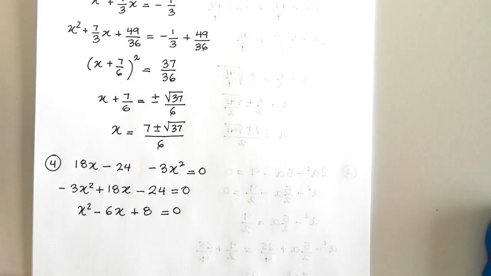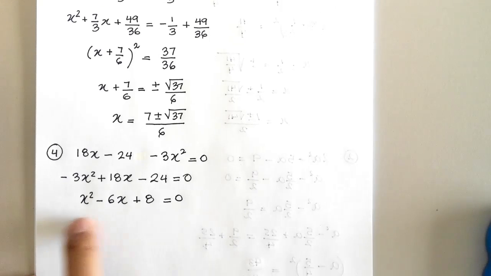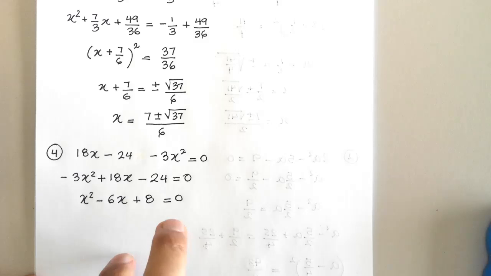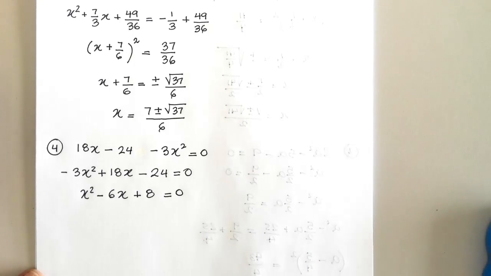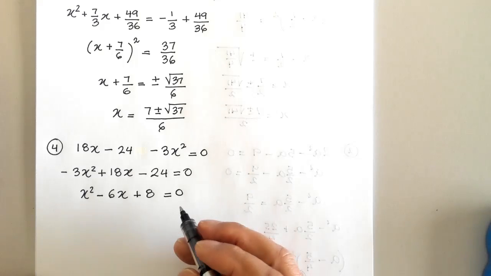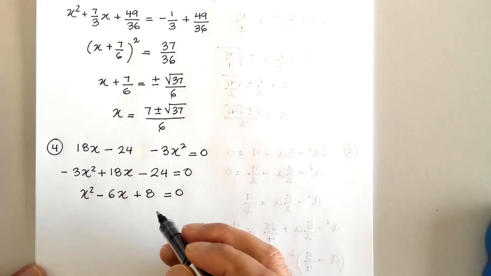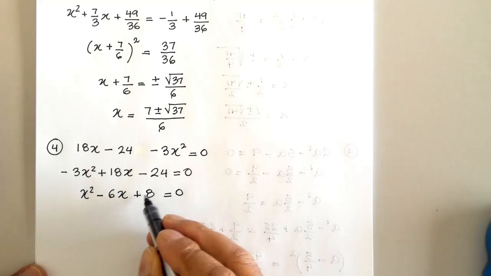And in here we could do factorization, because I think that we can find two numbers that when you times them together equal 8, and when you add them together equal negative 6. But we're not going to do that because we are doing the completing the square method. All right, so then we're going to move this 8 over the other side.